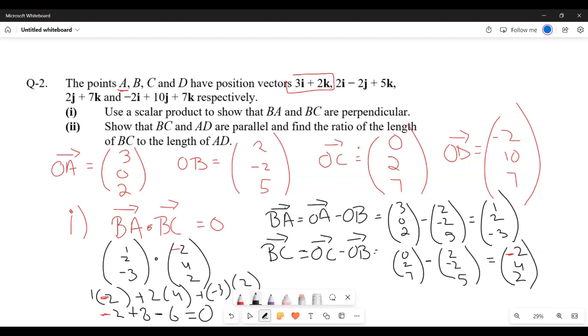Part 2 says show that BC and AD are parallel and find the ratio of the lengths of BC and AD. We already have BC. Let's retain that. Now we need AD.